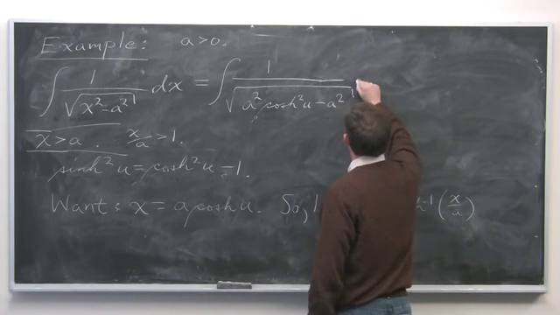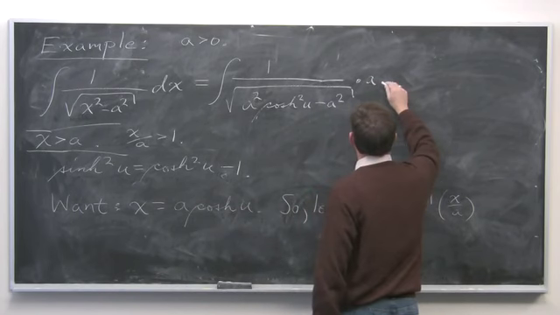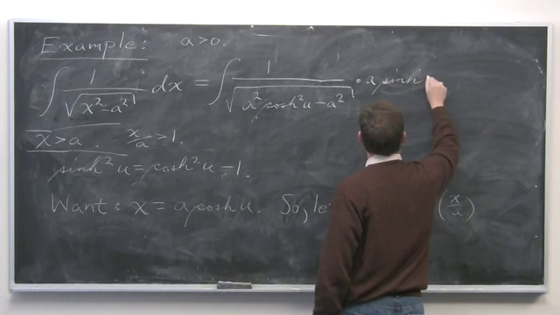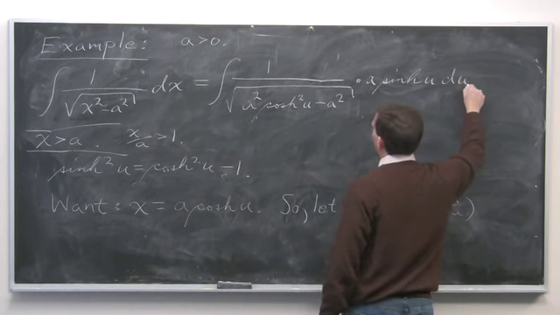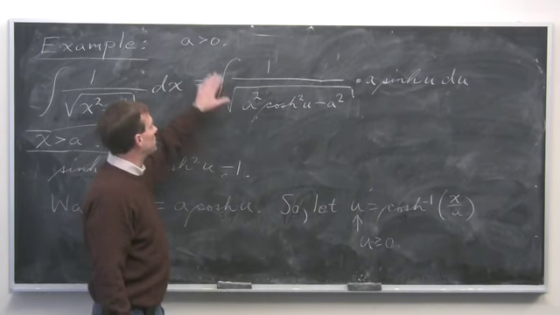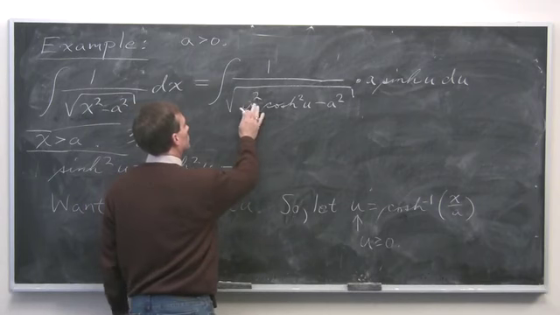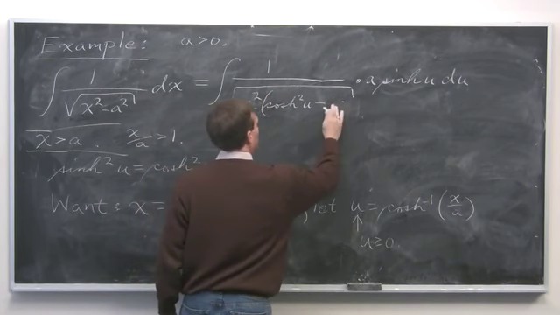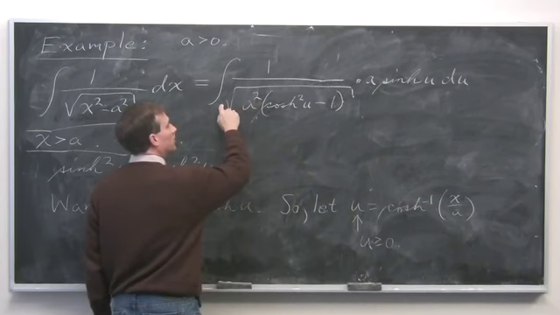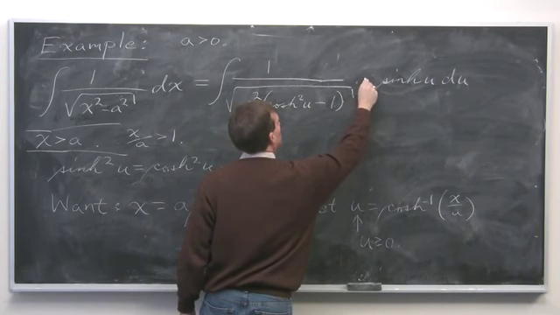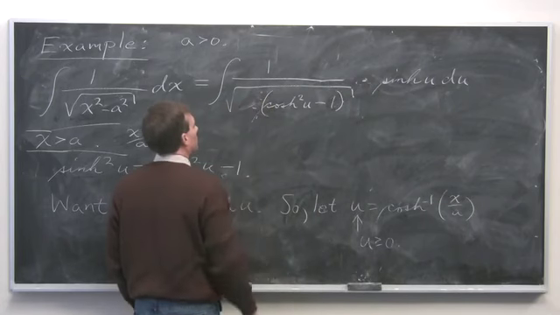That is a times the derivative of hyperbolic cosine, hyperbolic sine, times du. We get this. Again, you have the square root of a squared, and a is positive. So the square root of a squared is just a. We factor out the a squared here and here. Then the square root of a squared is just a, which cancels with this a. So those get wiped out.